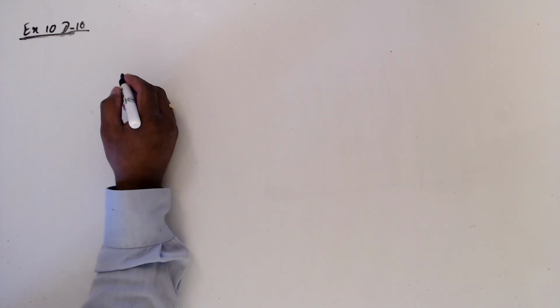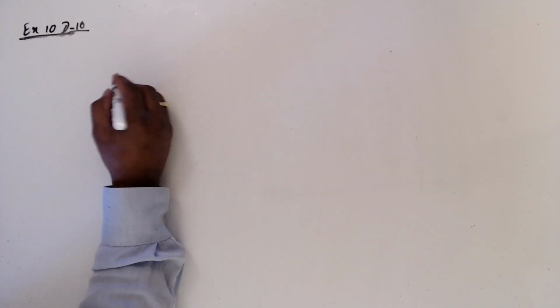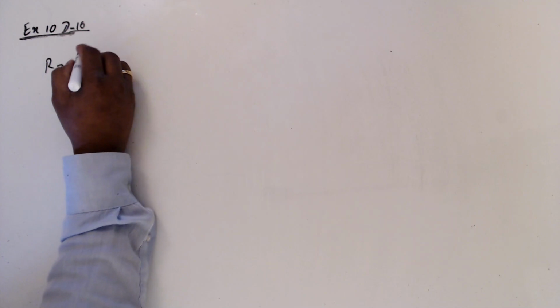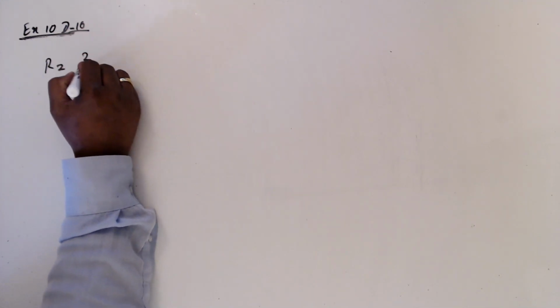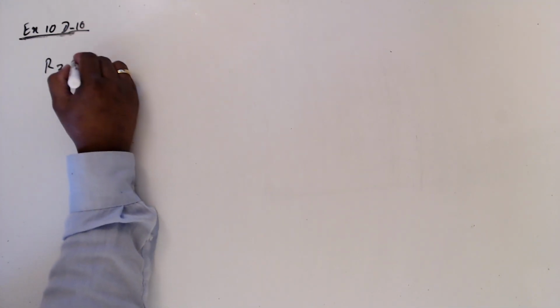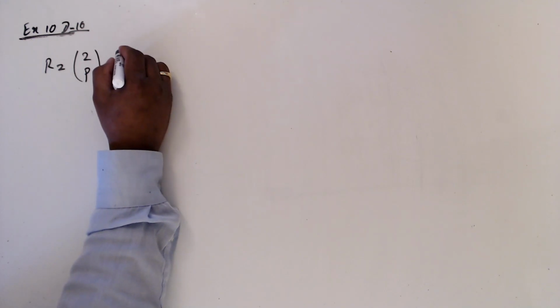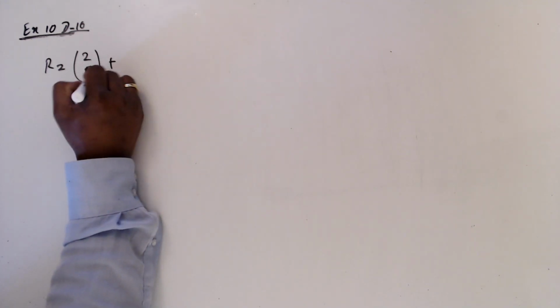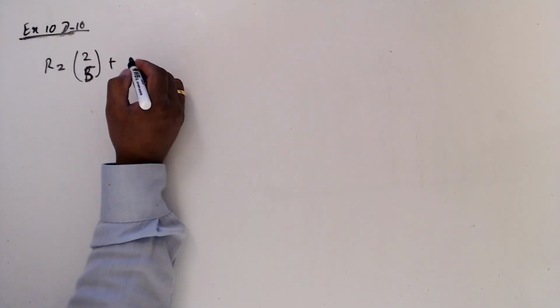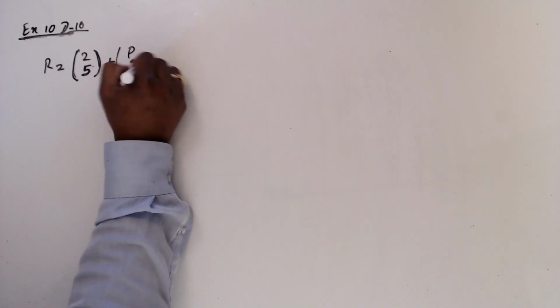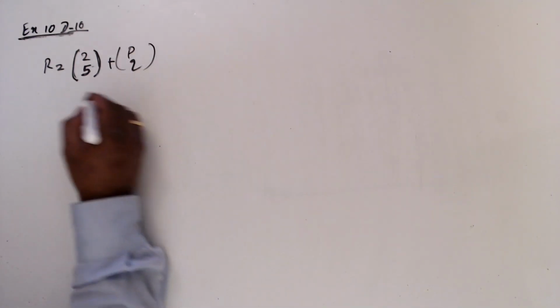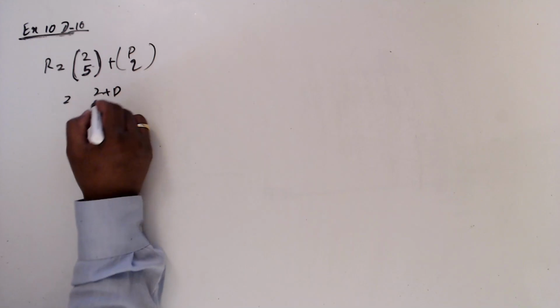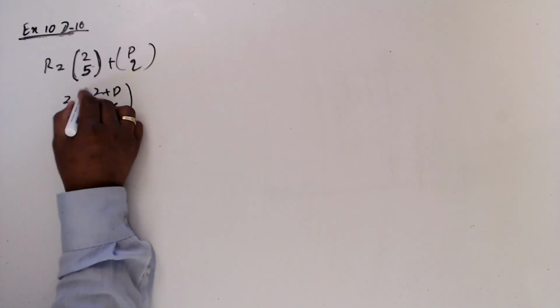Question number 10. Two forces are given, and we need to show that 2p plus q equals something. First of all, find R, so that is 2 plus p, 5 plus q.